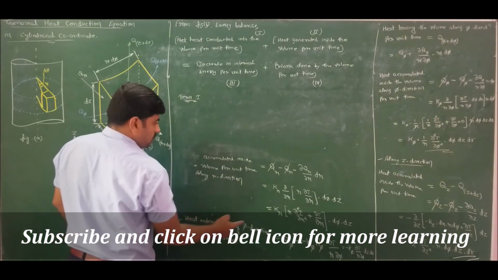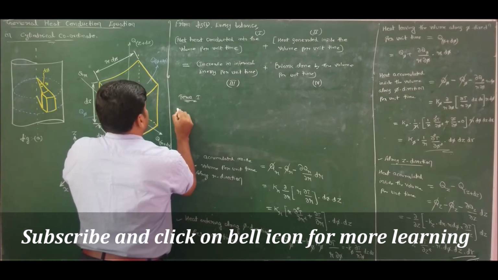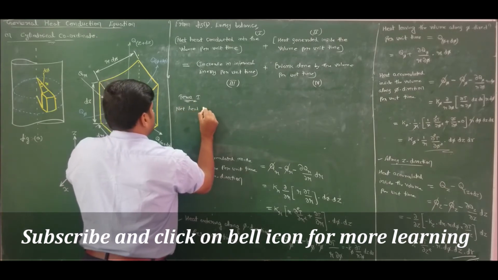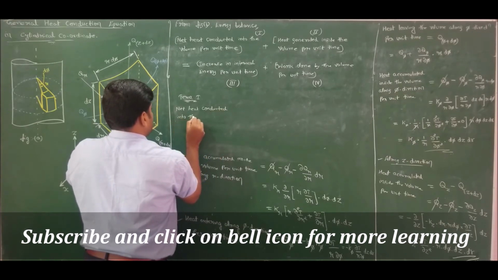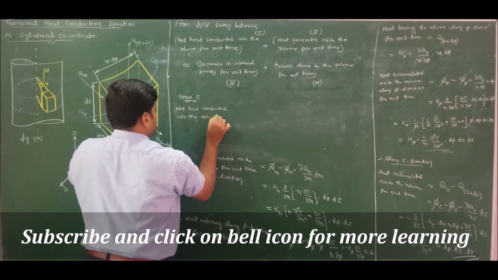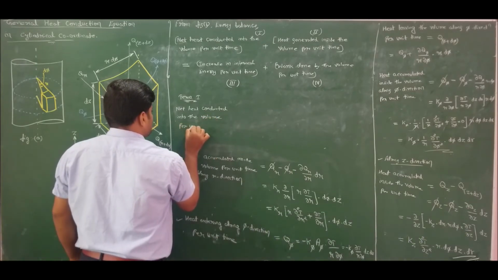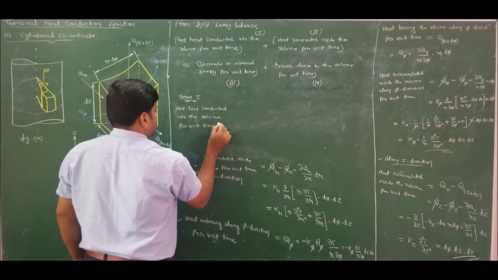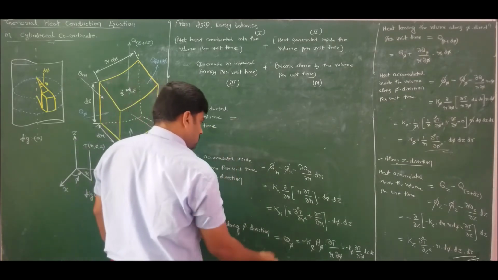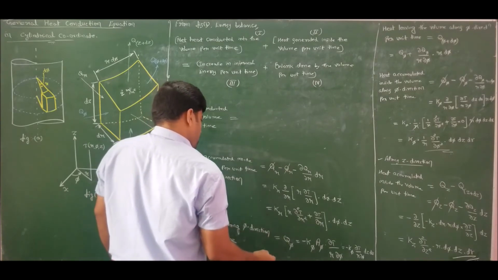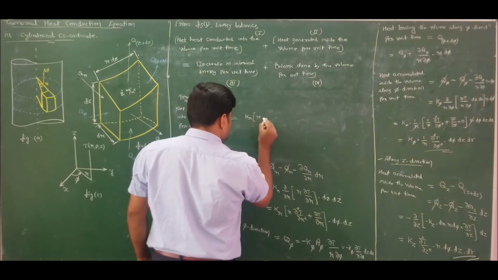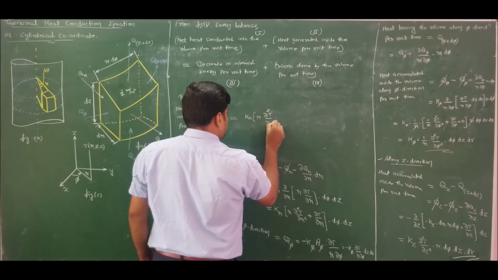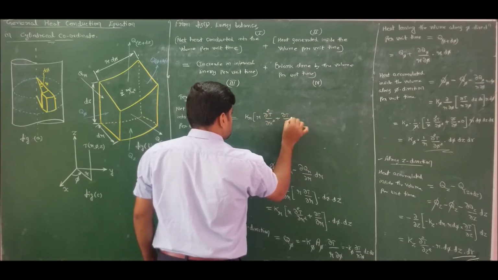from r direction, for term 1, net heat conducted into the volume per unit time will be equal to Kr times r dou square T by dou r square plus dou t by dou r.